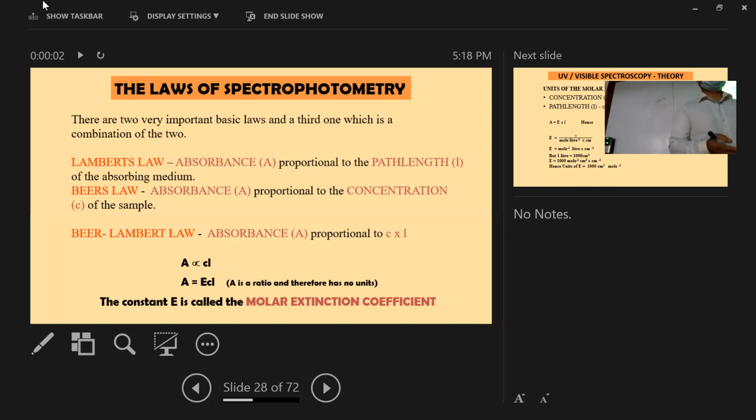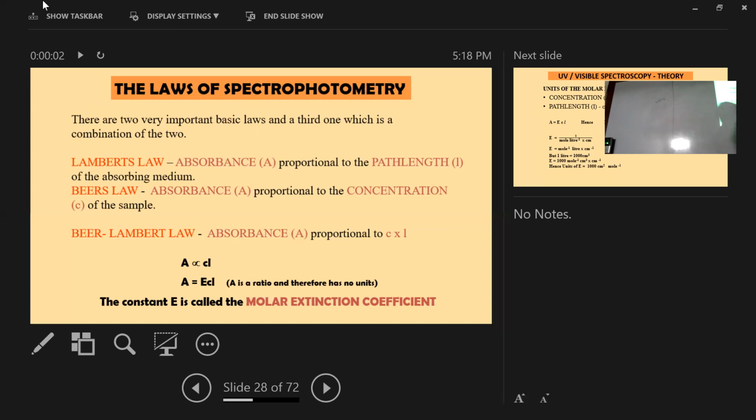Now, if we have a certain concentration fixed, in that case if we take a very small cell, we will have a very small amount of sample. If we have a bigger cell, we can have more sample. So that means absorbance is related to the path length, that means the cell length. I'm writing. Okay.